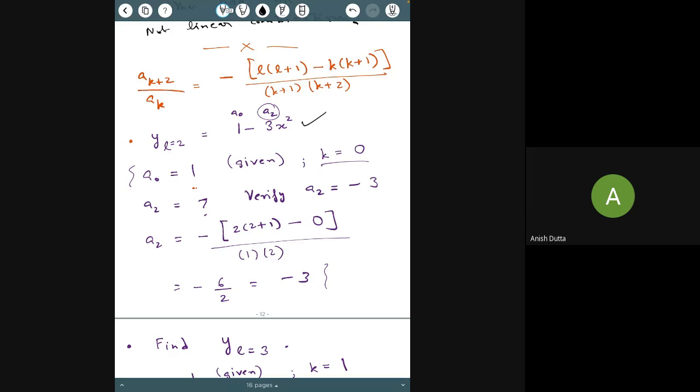So what you're calling associated Legendre polynomials, that will come when m is not equal to 0. So far, it's m equal to 0. Yes, sir. Okay. No problem.